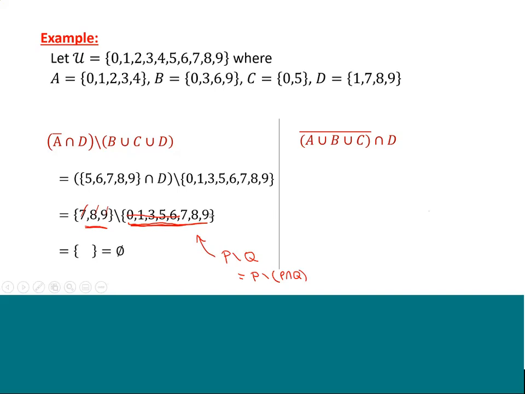Once you get down to those elements, the set subtraction tells you to remove those elements from the set that we called P.